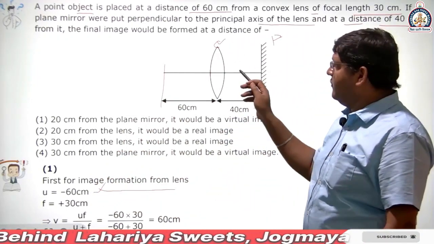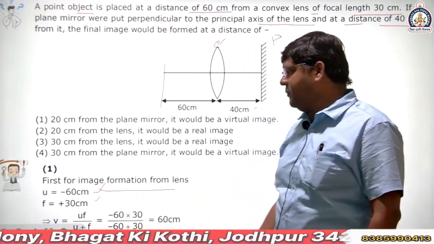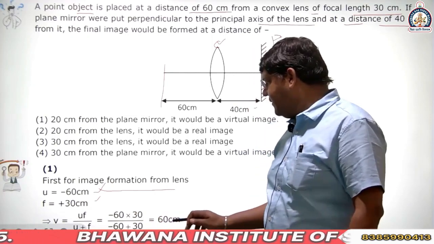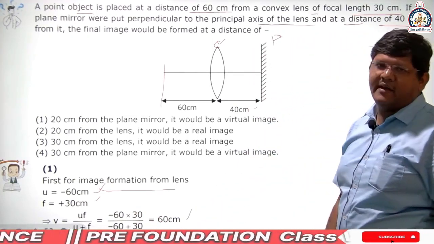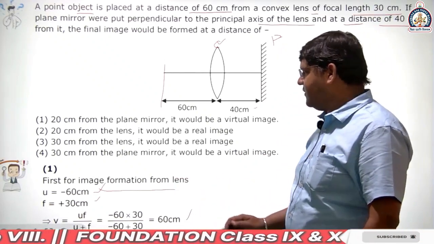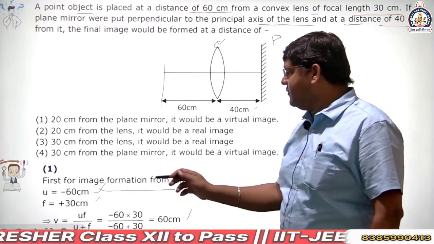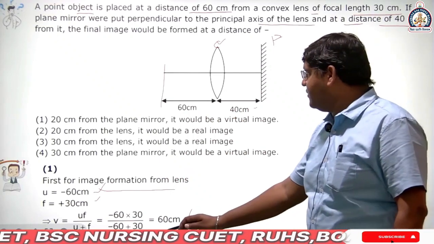For a convex lens the focal length is positive, so f equals plus 30. Solving for v using the lens formula, v equals uf upon u plus f, we get 60 centimeter. This is the image formed by the convex lens.